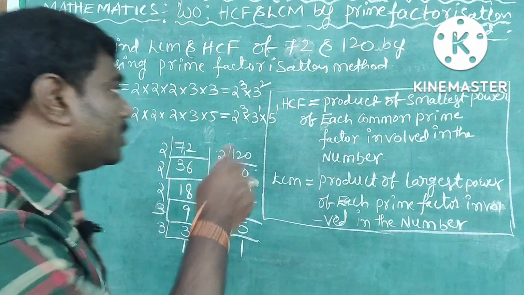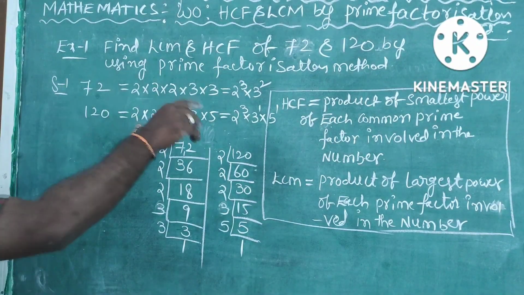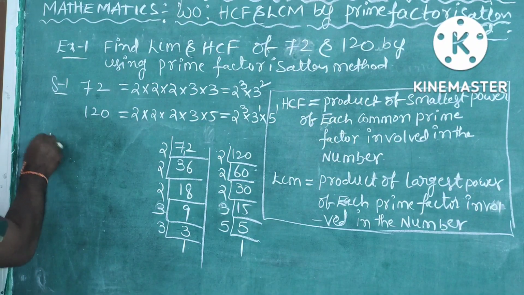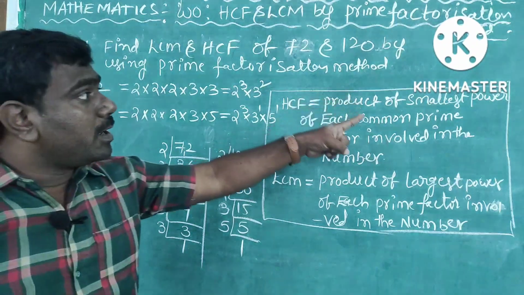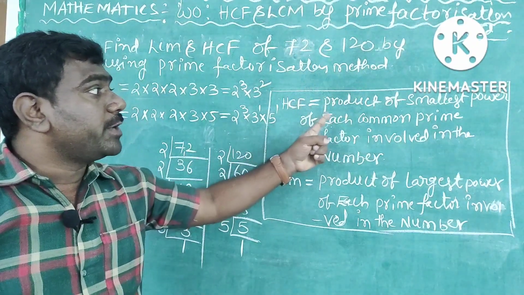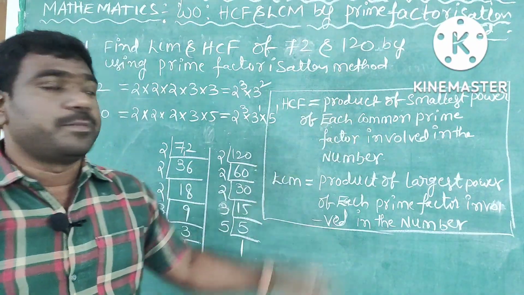Now by using the formula I can write. First I am writing HCF. What is HCF here? The product of the smallest power of each common prime factor involved in the numbers.